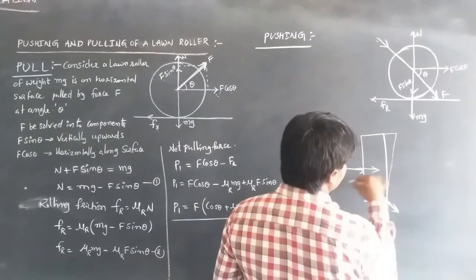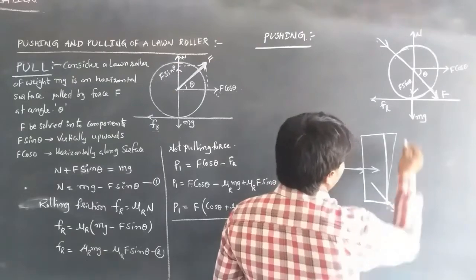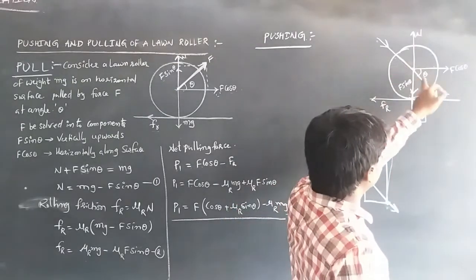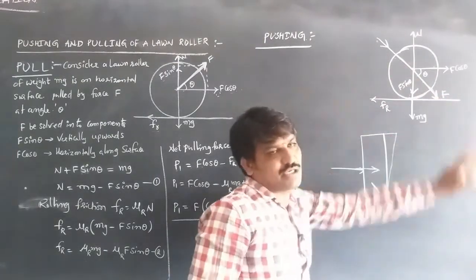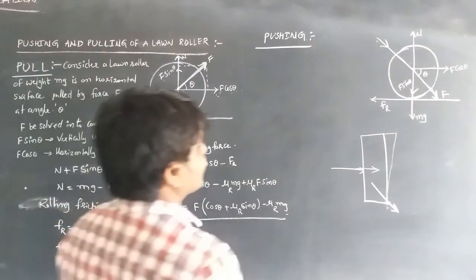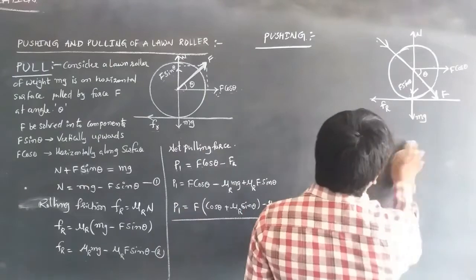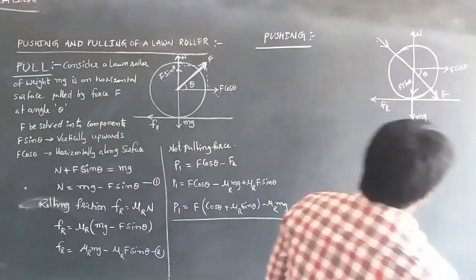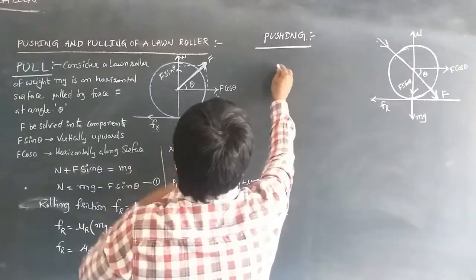Whenever you push this one, the force is acting in this direction. So that's why the net resultant force is acting in this direction. So here the net pushing force is acting in this direction, and rolling friction will be in this direction.